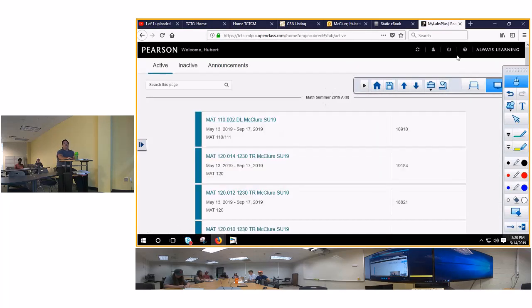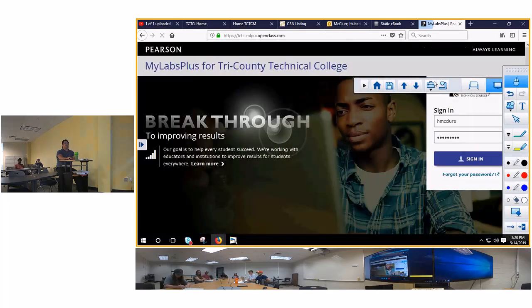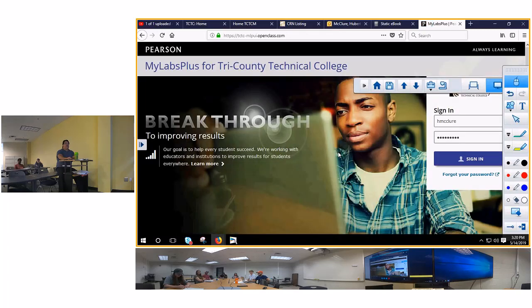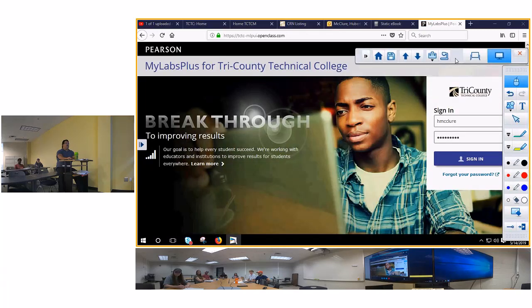And I'll show you what it'll look like. It'll look like this. Is this where you need to log on? Yes. Why? Because if you go here every time, it'll work. You don't know if Blackboard's going to be down tomorrow. So this is where you need to go to log in, but you need to do it after you go through the rigmarole of Blackboard. Does everybody understand that?